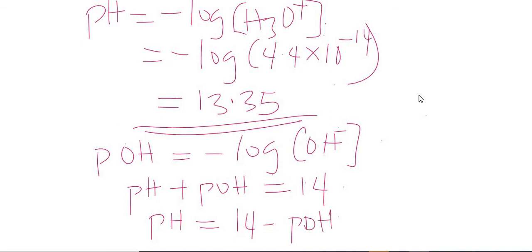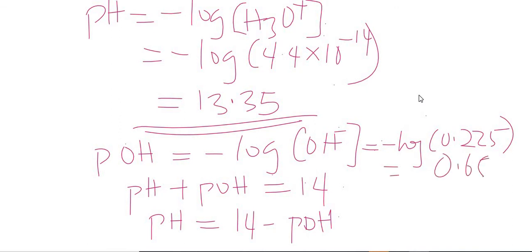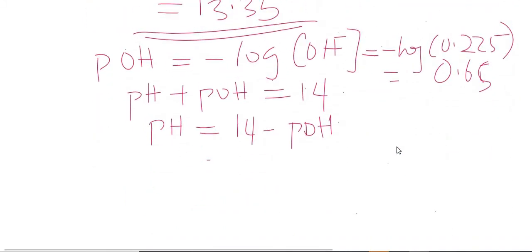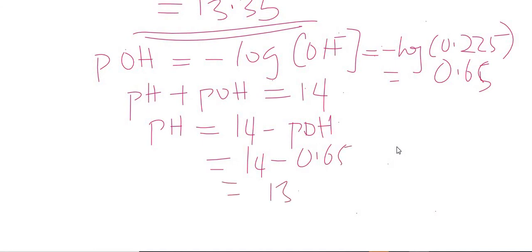In this case, we find the negative log of 0.225, which gives us 0.65. And 14 minus 0.65 gives us 13.35. So these are the two ways we can find the pH.